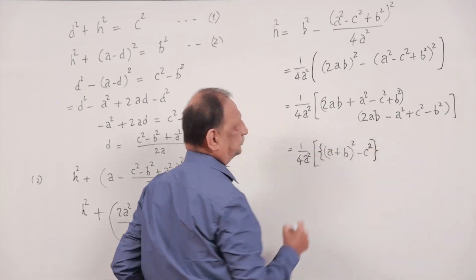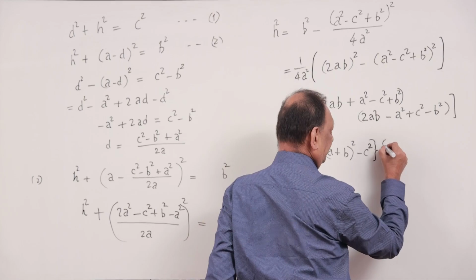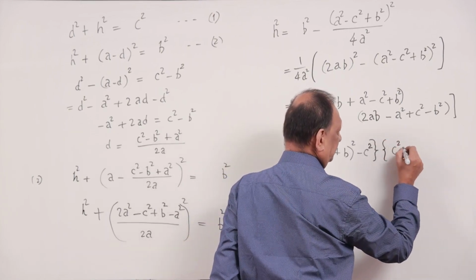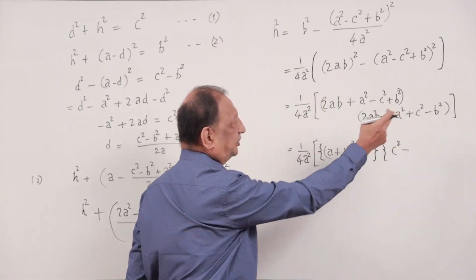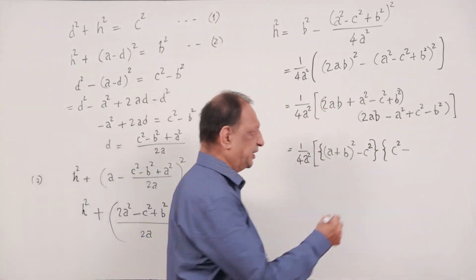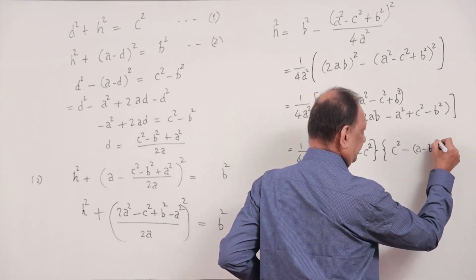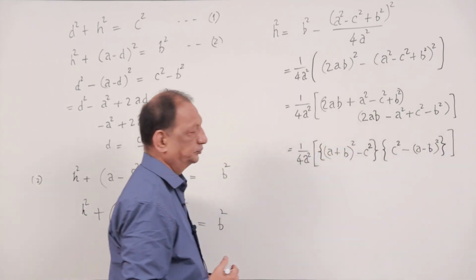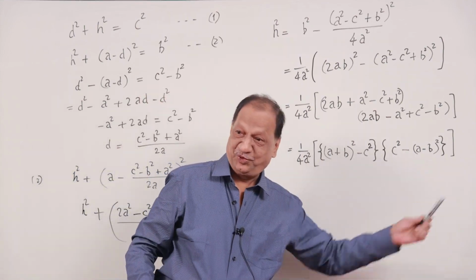Correct? Similarly, here I have c squared minus a squared plus b squared minus 2ab, which is c squared minus (a minus b) whole square. Again, I have got this a squared minus b squared inside, no? Two pairs.